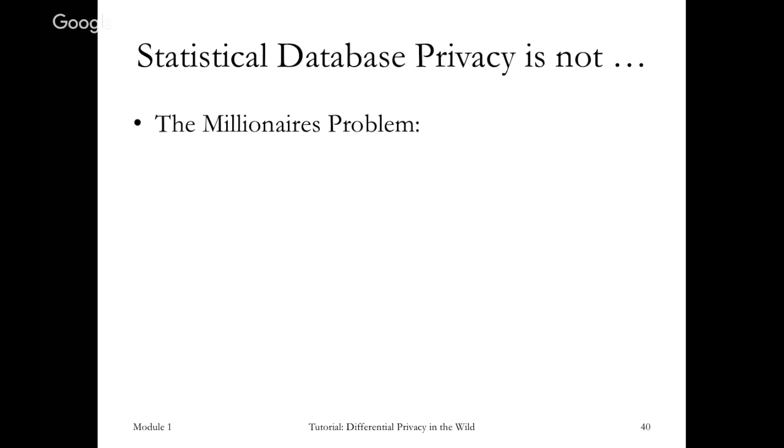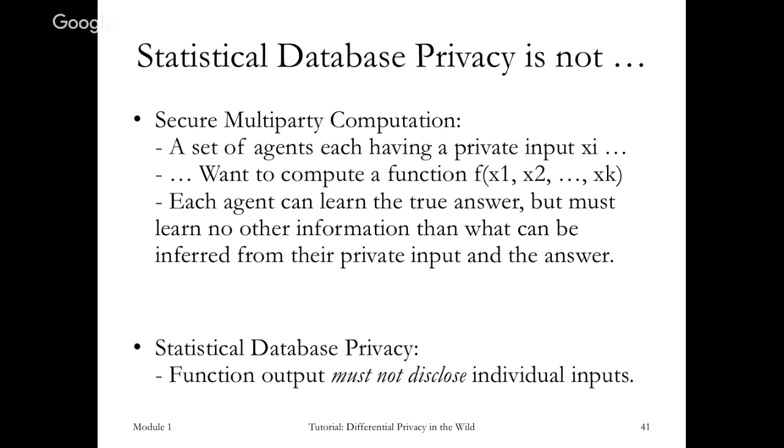This is a special case of a general problem called secure multi-party computation, where you have multiple different parties, all of which want to collaboratively compute a function in such a way that each individual party only learns their input and the output of the function, and no other information. However, in statistical database privacy, even the function output should not be learned exactly, because the function output, as we saw before, could leak information about individual records in the dataset.